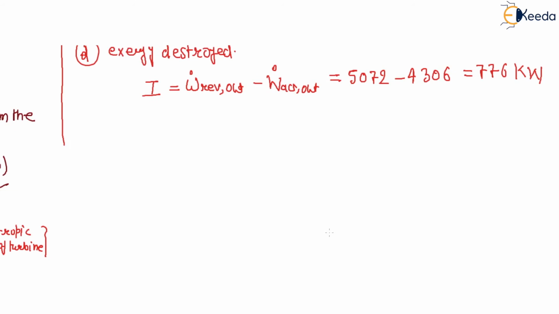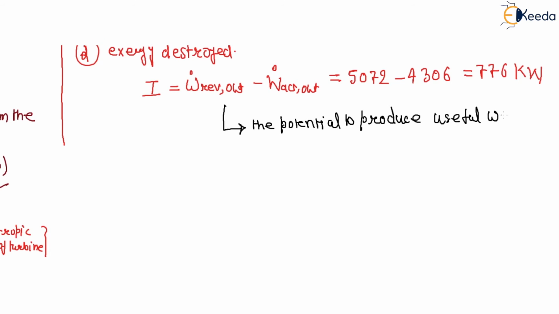Also you can calculate from entropy generation. What is that? Very important. Always write along with it a physical meaning. So that means the potential to produce useful work, reversible out.